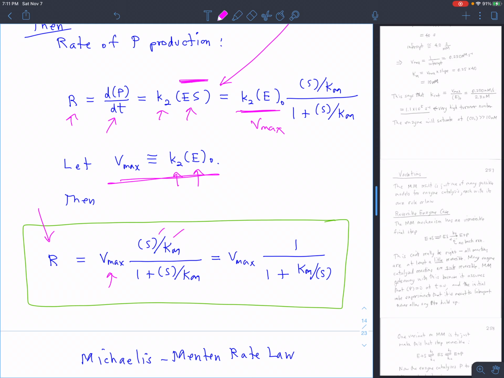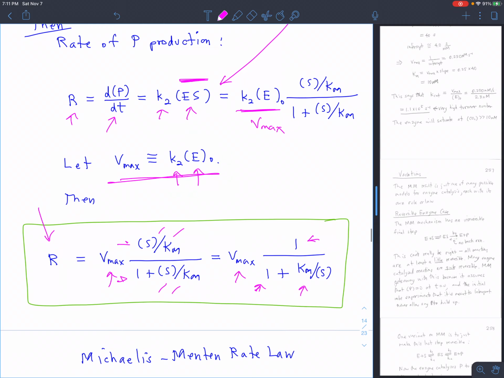You'll often see it written this way. You oftentimes see it written in other ways too. The same thing, dividing top and bottom by S over Km, is Vmax over 1 plus Km over S.